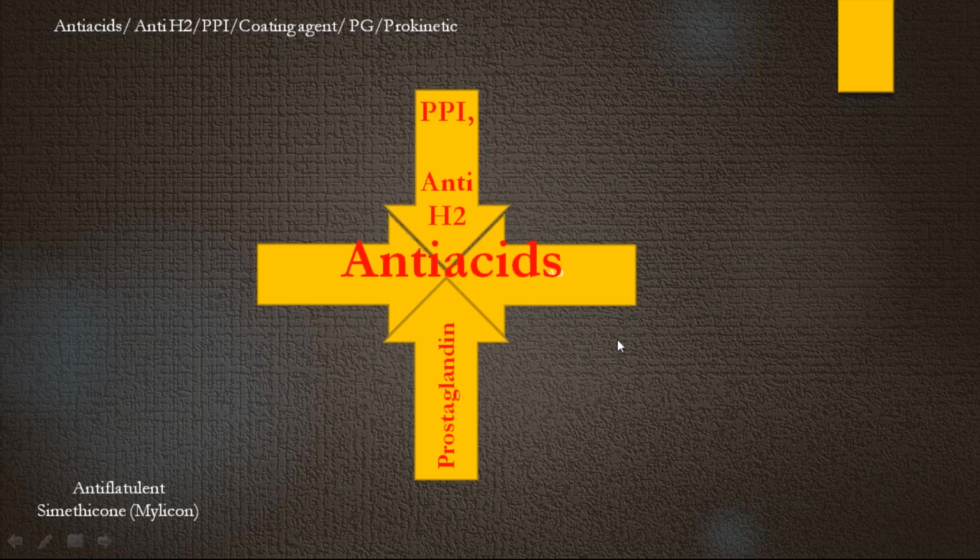All right, so here we have the prostaglandins. What they are doing is increasing the thickness of the mucus of the stomach. This mucus is the barrier between the gastric acid in the lumen and the tissue of the stomach itself. So that is mainly what I want you to go through in these acid control agents.